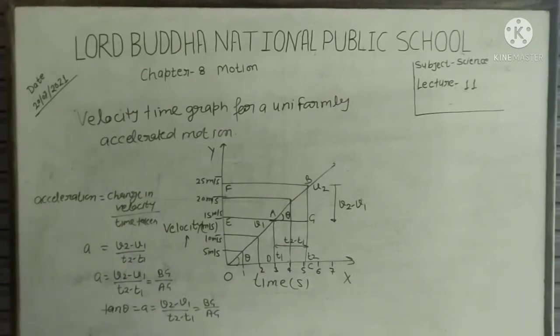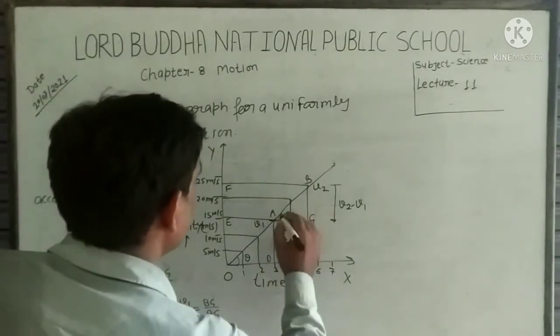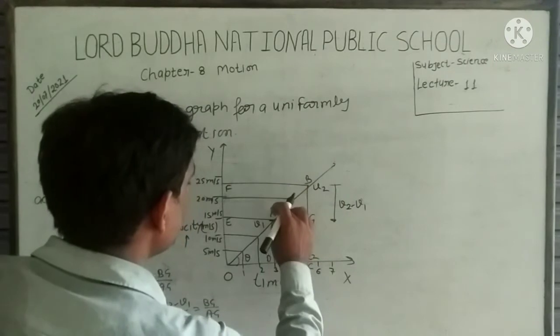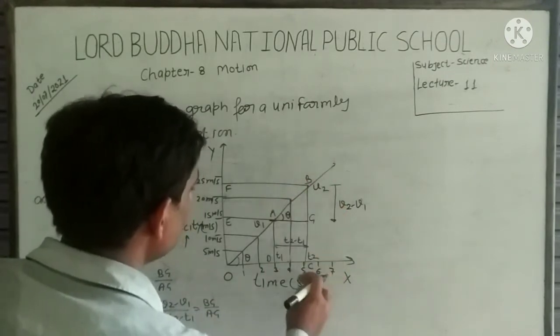Now we know that the area under the velocity time graph gives the displacement here between the point A and B. The area will be ABCD.